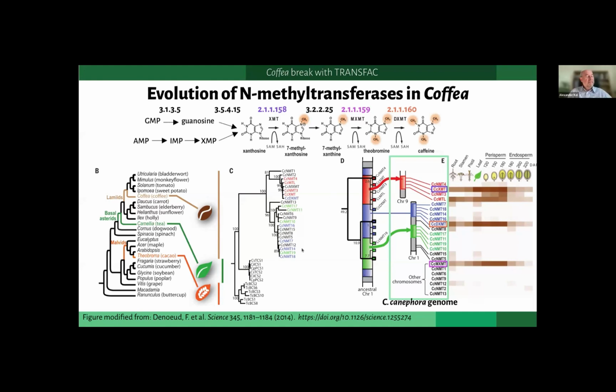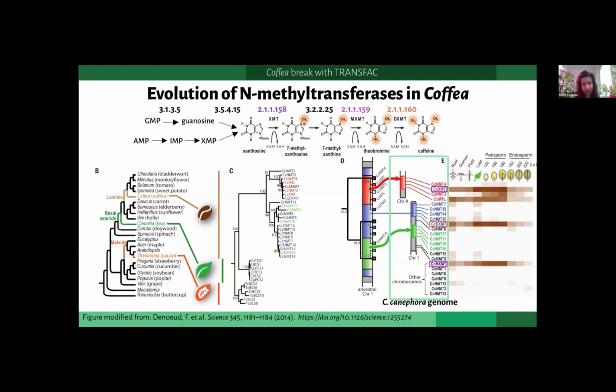So for the Robusta coffee, the complete genome was sequenced in 2014. And of course, the caffeine biosynthesis pathway is one of the pathways of interest for the coffee plant.